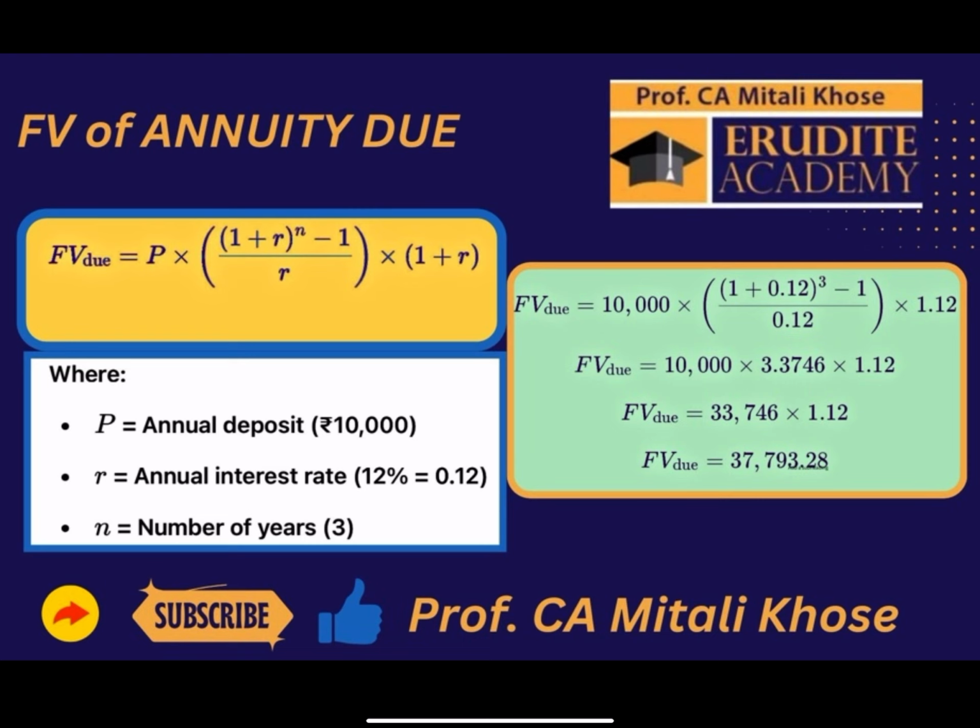Hence, the bracket 1 plus r is added in this formula. When we substitute the figures in above formula, we will get same future value that we got earlier, approximately rupees 37,793. I hope the concept of future value for ordinary annuity as well as annuity due is clear by now.